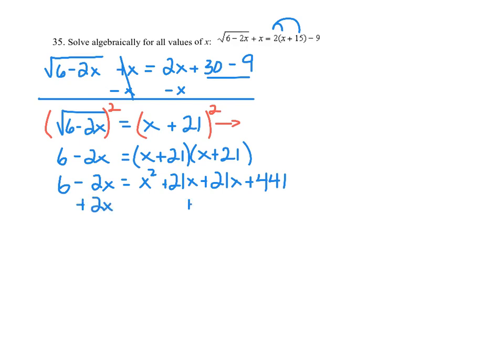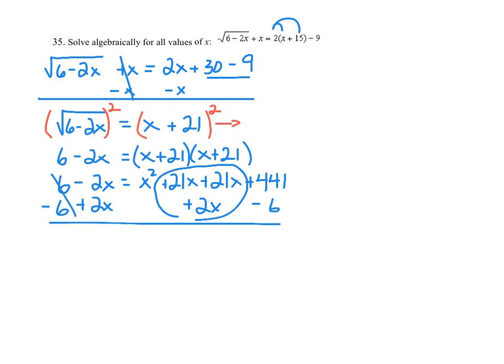I'm just going to stick it right in the middle here because I know that these three guys are like terms. I'll deal with that in a minute. Minus 6 and minus 6 here. All right, so I get 0 equals x squared. Now when I combine all those x terms, I have 44x, and then I have plus 435.